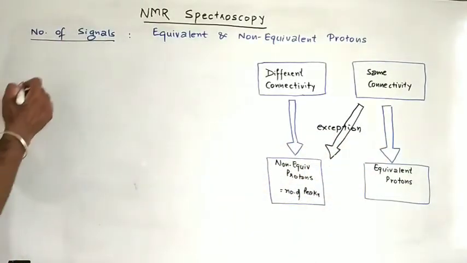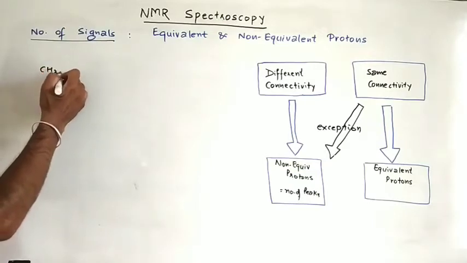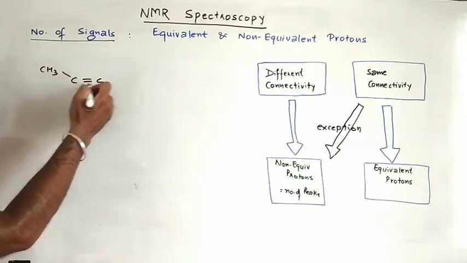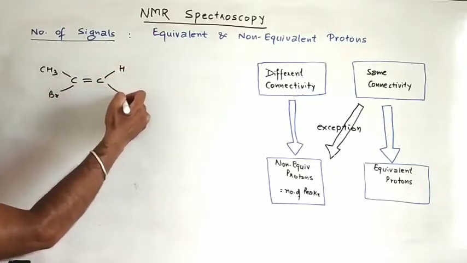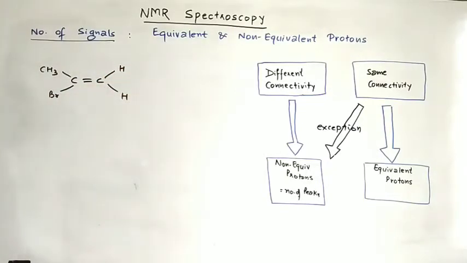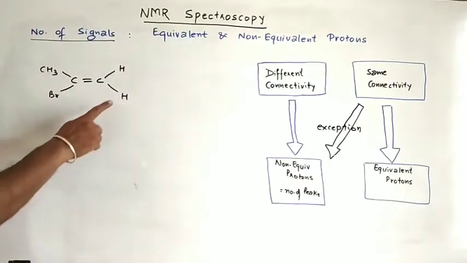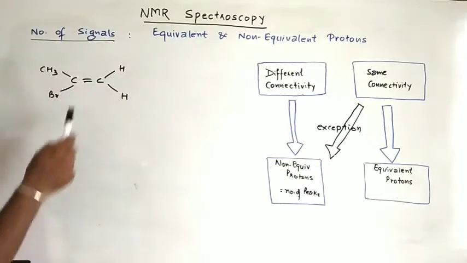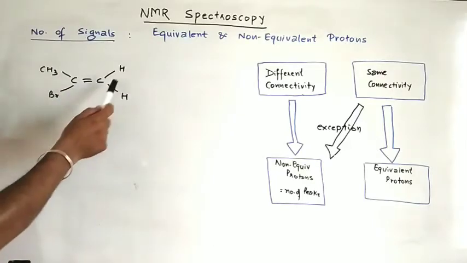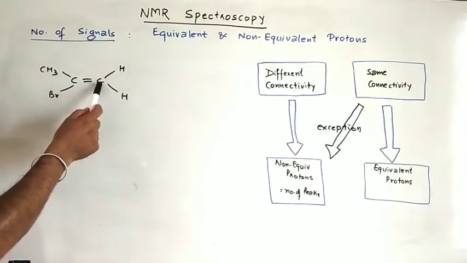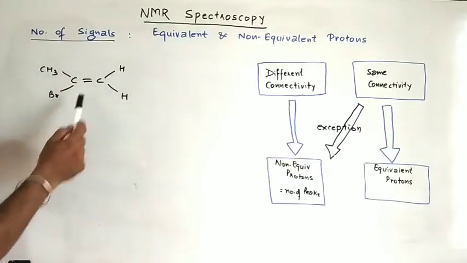See the example, CH3 C double bond C, Br here, hydrogen here. Now you can see, it is clear that these two protons, they have the same connectivity. As this proton is connected to carbon, further carbon double bond, methyl and bromine. This proton is also connected to the same carbon, and again the environment is the same.